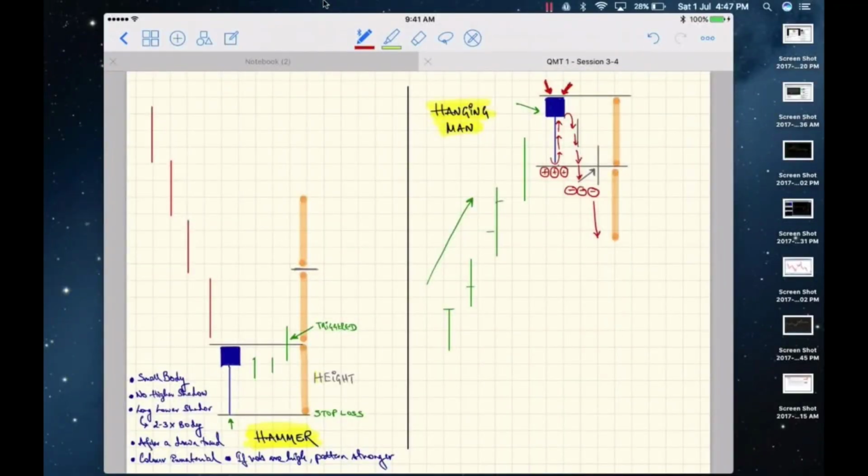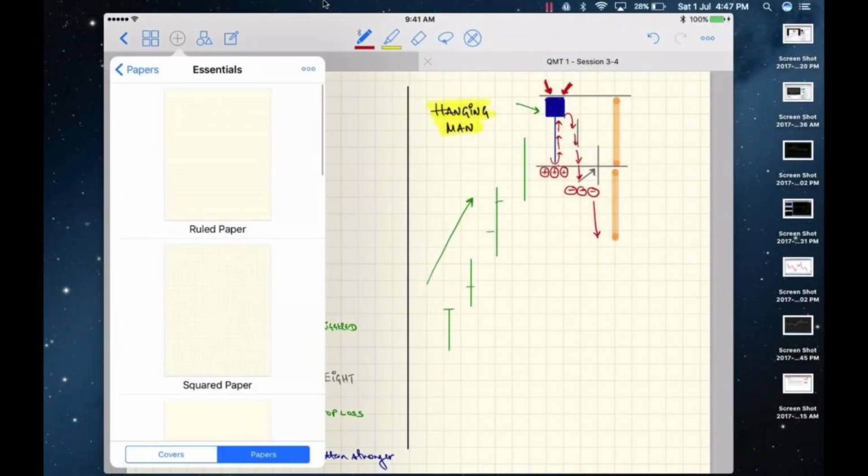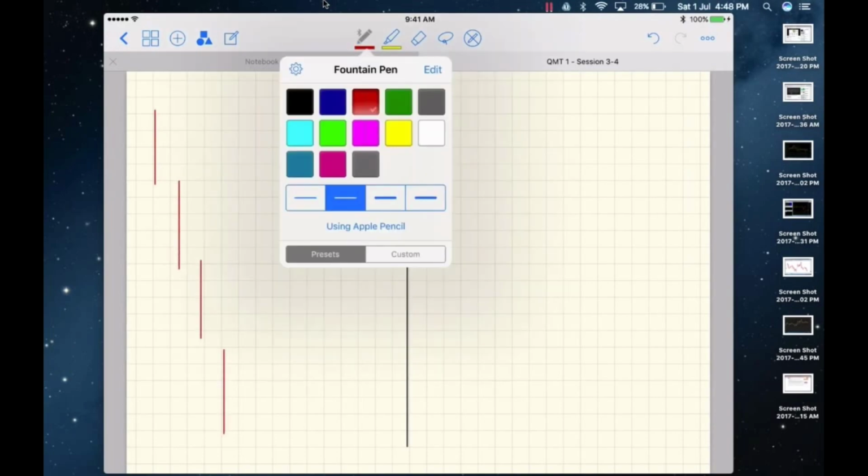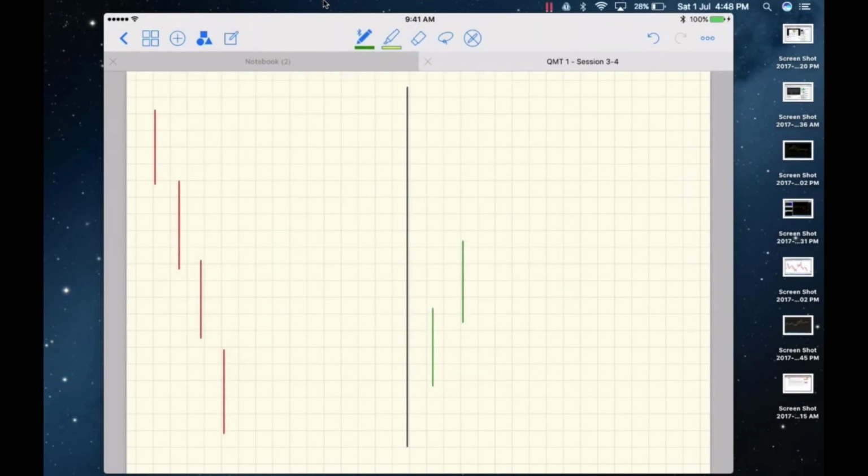Okay, so now moving ahead from a hanging man and hammer, we come to another set of patterns which comes after a falling, downtrending market, as well as a rising, uptrending market.